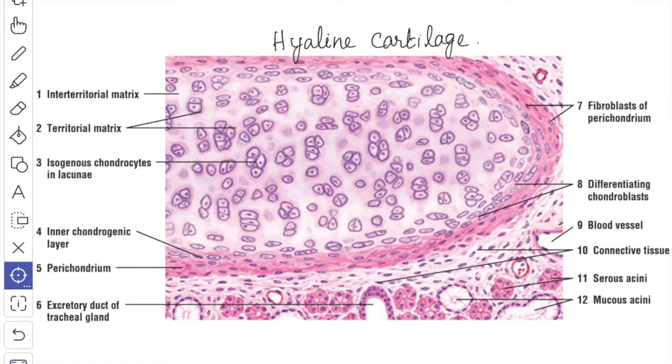Now we'll study about the hyaline cartilage. The hyaline cartilage is so called because it is transparent. Its intercellular substance appears to be homogeneous, but using special techniques it can be shown that many collagen fibers are present in the matrix.